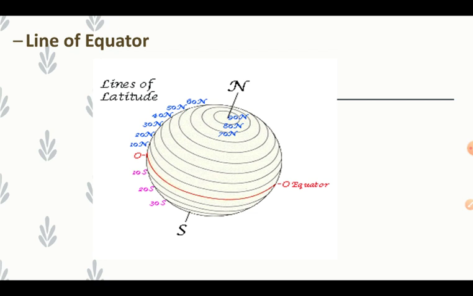They are measured in degrees, meaning 10 north, 20 north, 40 north, 50 north. These are the measurements of these parallel lines. And I already explained that parallel means they do not meet at a single point, for example, a line of railway.